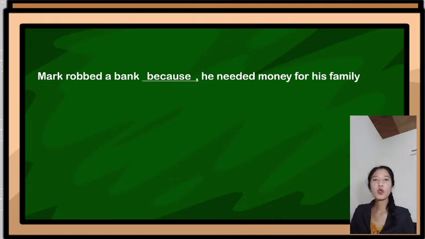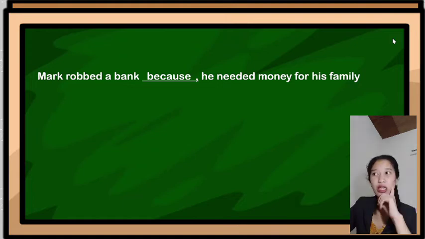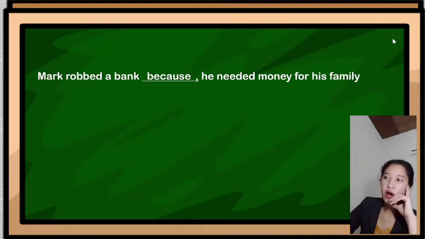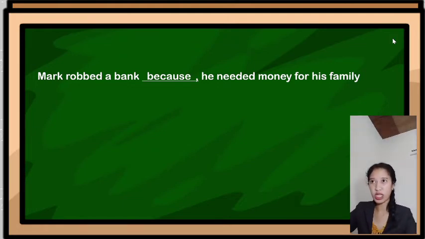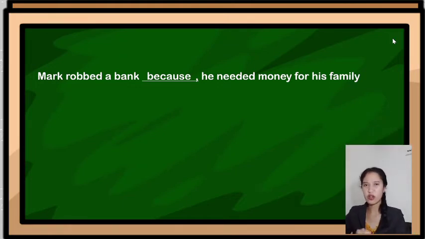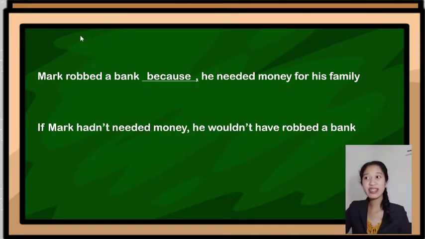Okay. So what do you think is the opposite of this word? Okay, let's figure it out. What do you think? It may be, if Mark doesn't need money, he wouldn't rob a bank. If Mark is rich, he wouldn't rob a bank. Okay, now let's figure it out. Okay, if Mark hadn't needed money, he wouldn't have robbed a bank.